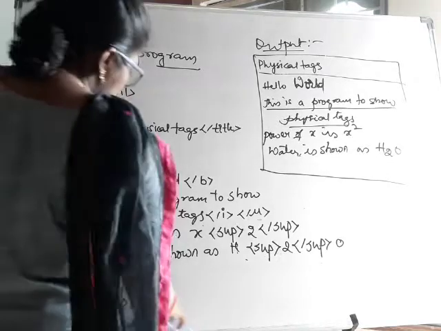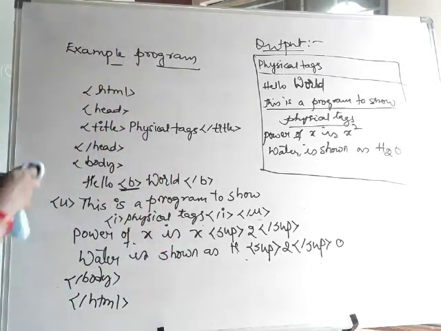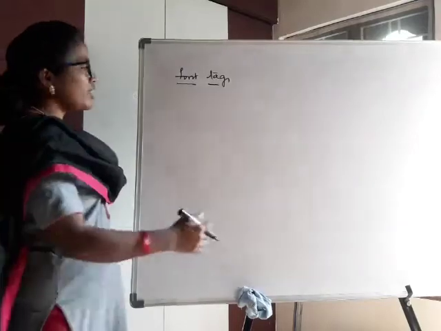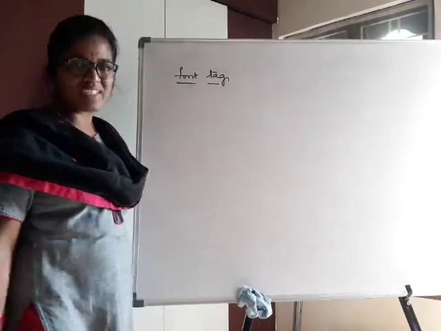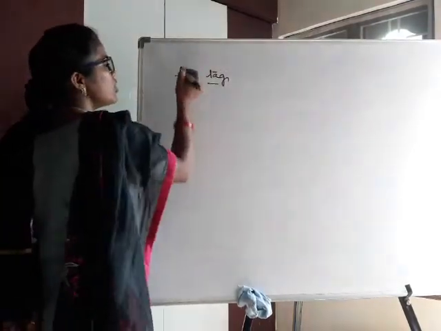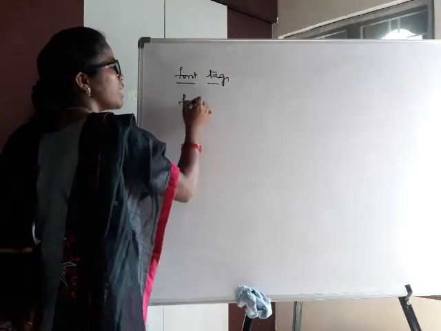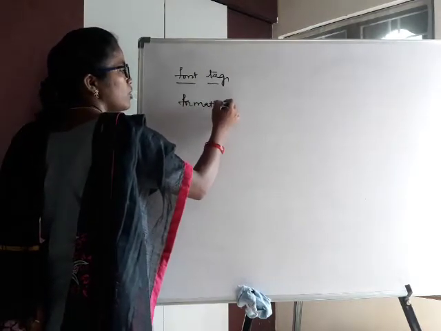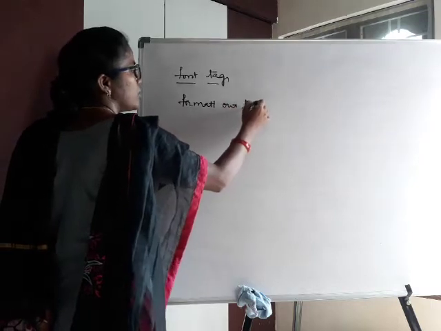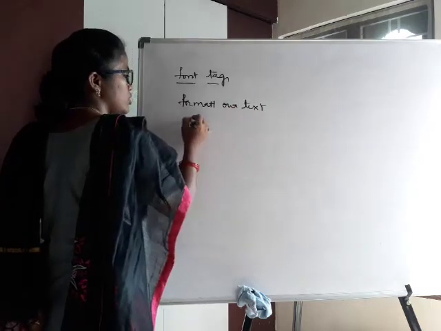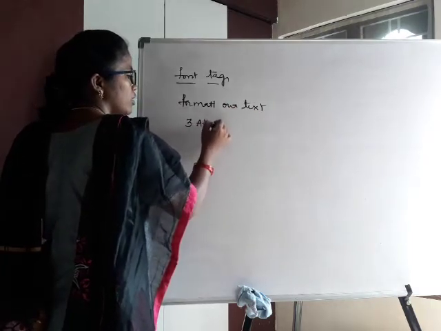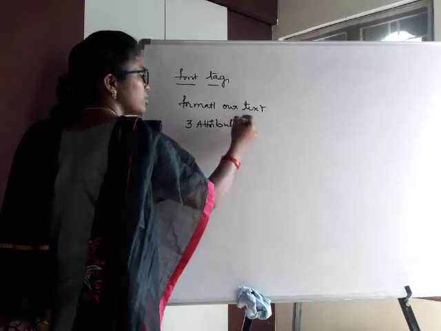Next we'll move further with the font tag. It is one of the physical tags. Here the font tag is used to format our text. Here I have three attributes. What are the three attributes?